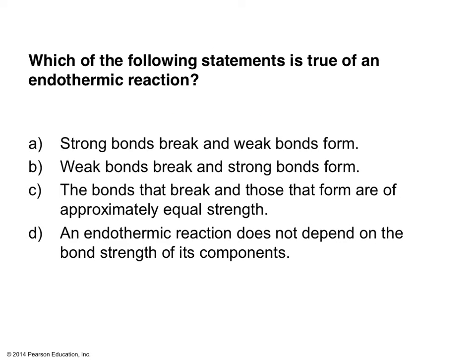Here is a typical multiple choice question to make sure you understand the concept. Remember what I said earlier, that all bond breaking is endothermic and all bond making is exothermic. So let's see if you can pick out which of the following statements is true of an overall endothermic reaction.